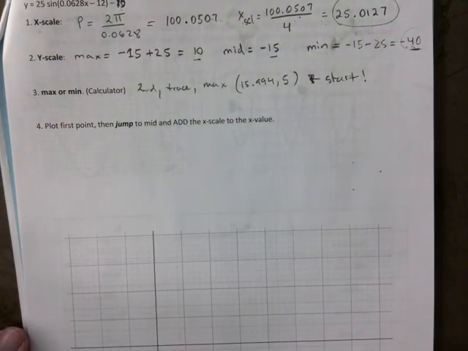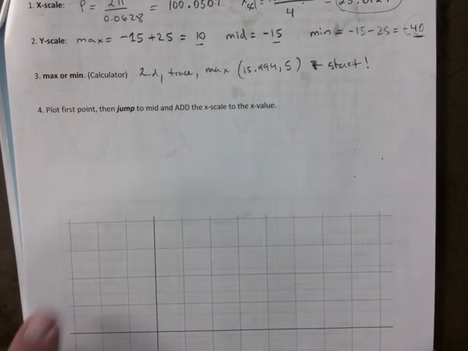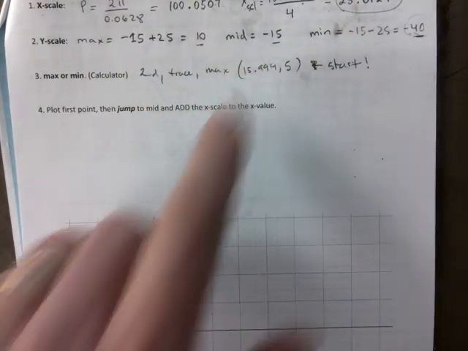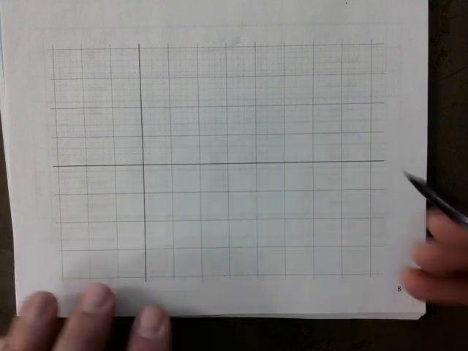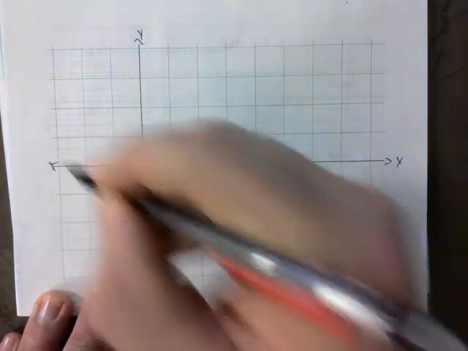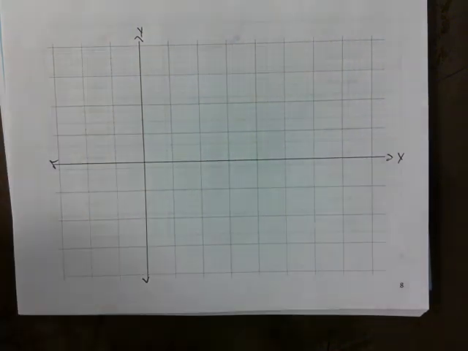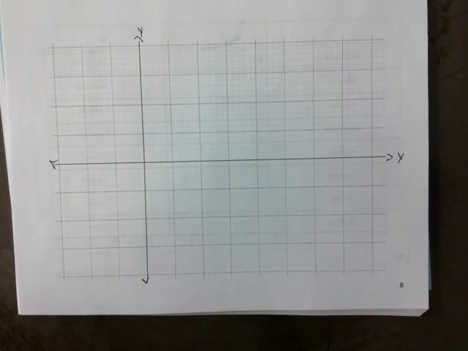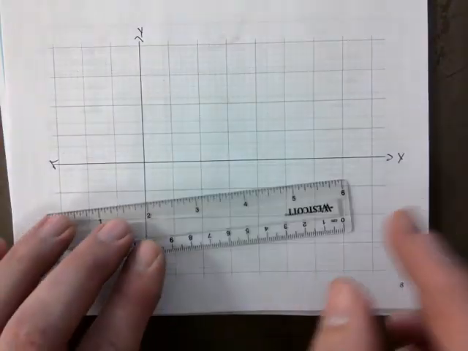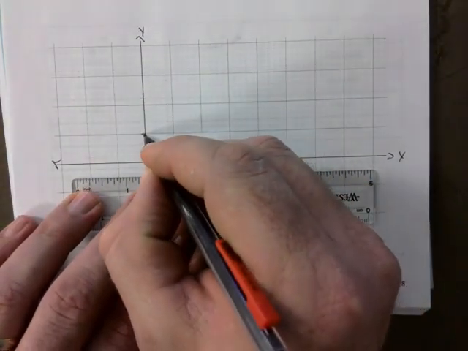Now, we are almost ready to graph because the first step involves what we already have. So ready? Go to your graph. This is your x and this is your y. You're going to grab a ruler and figure out your max. Your max is at 10.